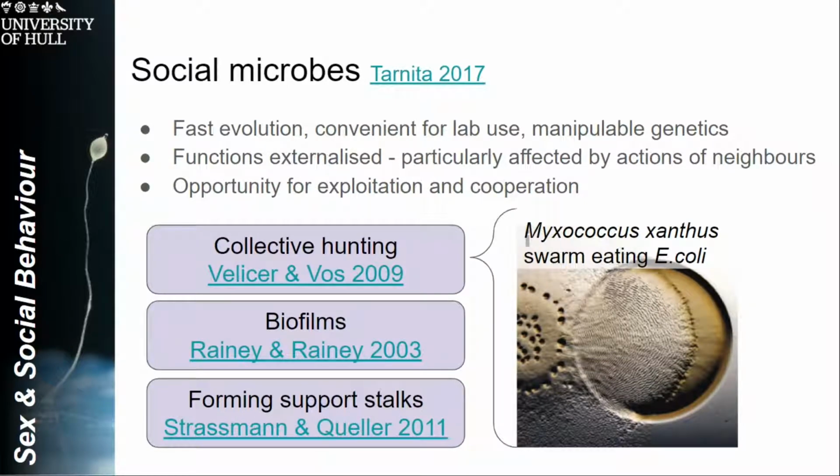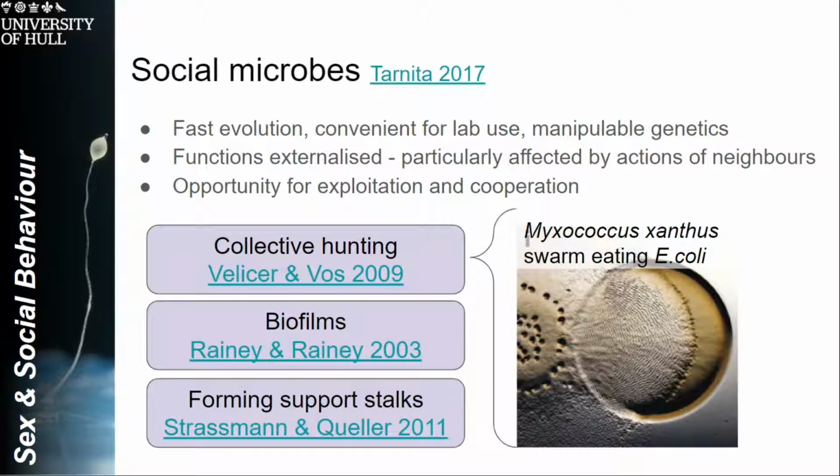Starting at the most simple forms of life, we see sociality even in microbes, and this Tarnita paper is a good introduction to what we know and what we don't yet know about social behaviour in microbes.